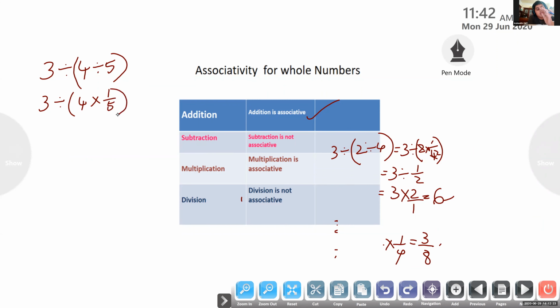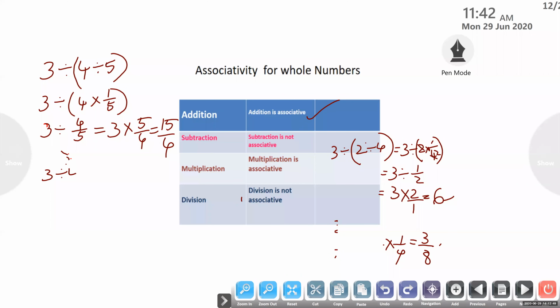It is equal to 3 into 4 divided by 5, which is 3 into 5 by 4. So it is 15 by 4. Understood, all of you? We are changing the division into multiplication by putting the reciprocal. Now we will put the bracket where 3 divided by 4 is in bracket, then divided by 5.